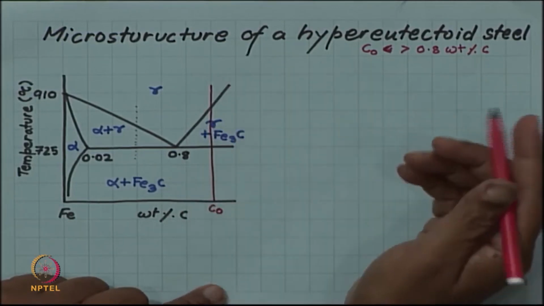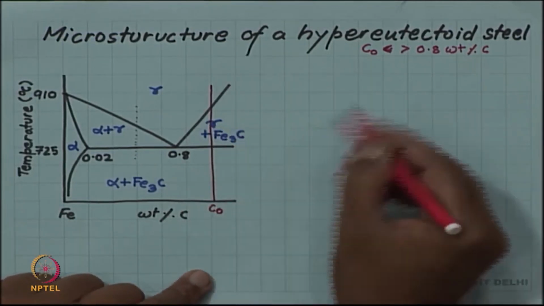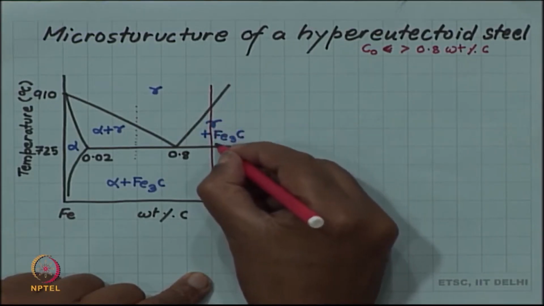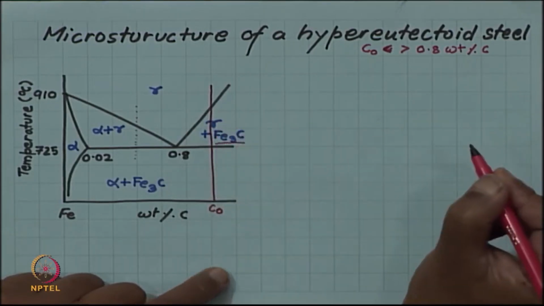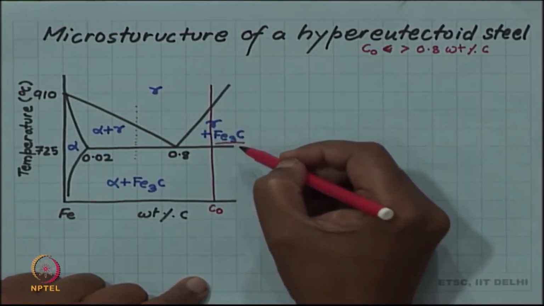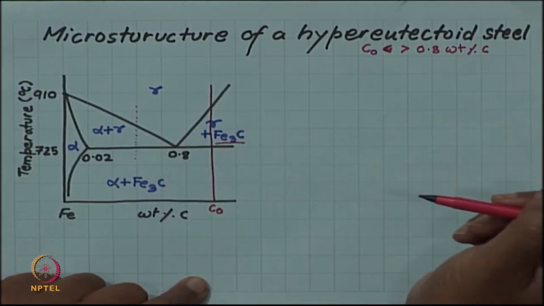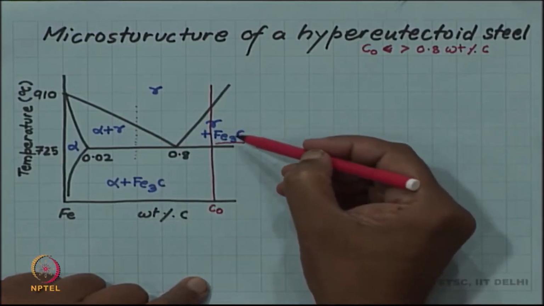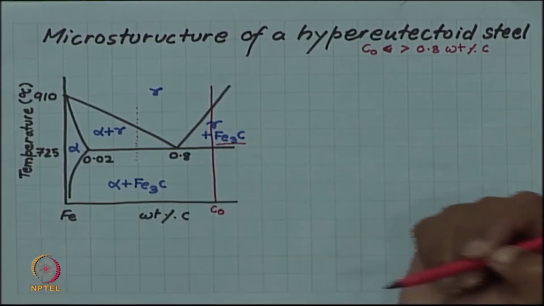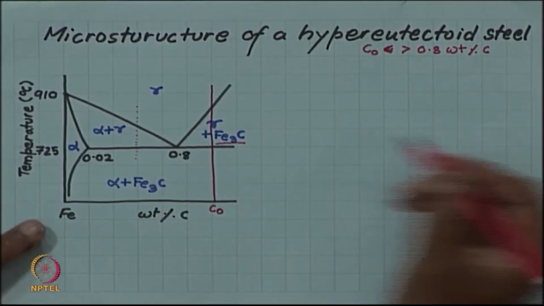An identical situation happens here with the hypereutectoid steel, only the first phase to form before the eutectoid reaction is now Fe3C cementite and not ferrite. So, you get proeutectoid cementite and then you get pearlite. So, that is the only difference.